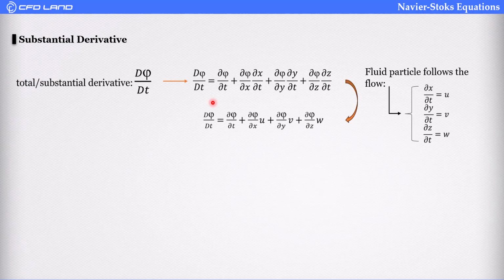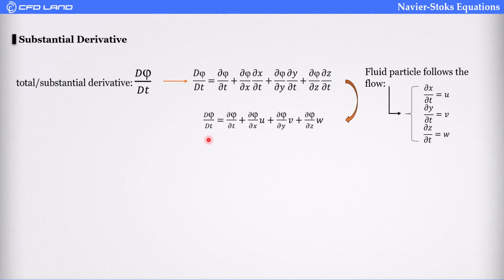And since a fluid particle follows the flow, we can redefine partial x partial t, partial y partial t, partial z partial t to u, v, w, our velocity components.